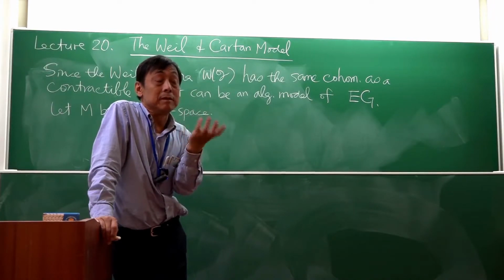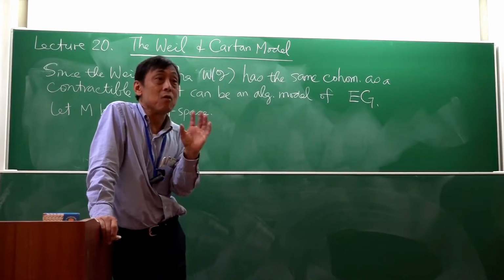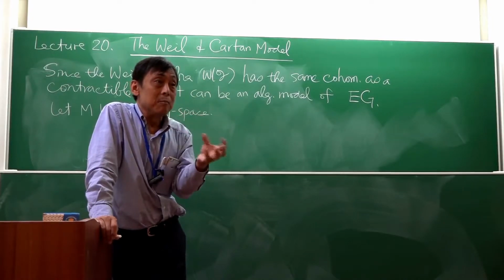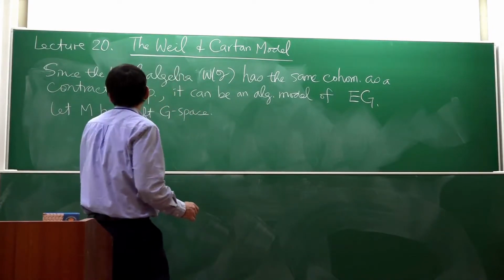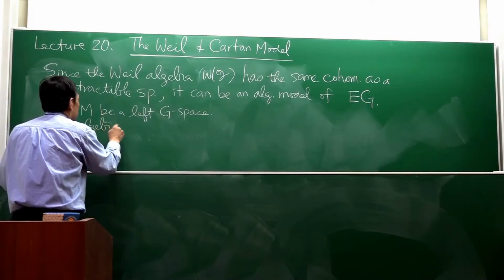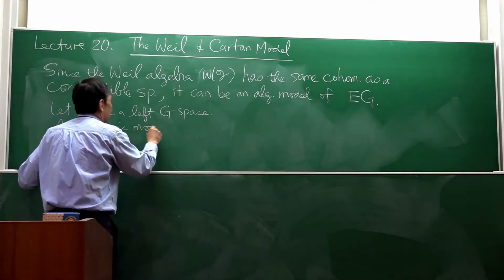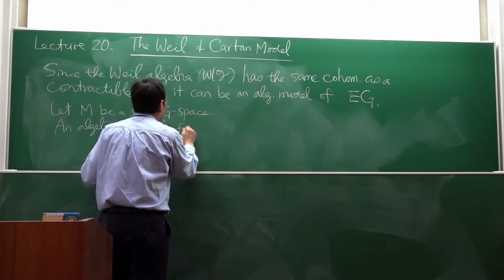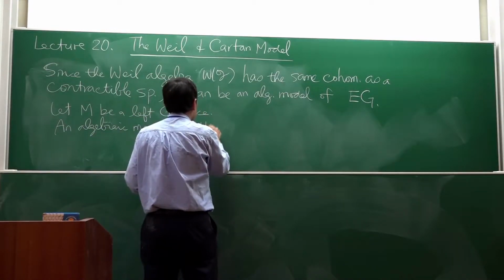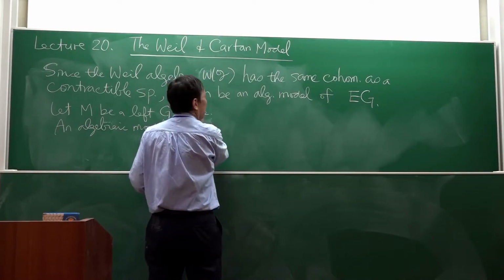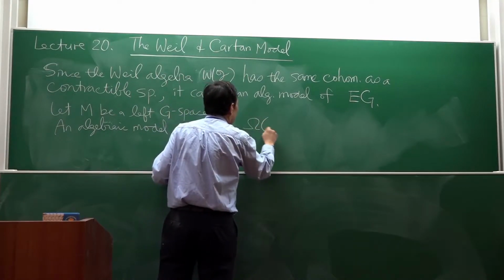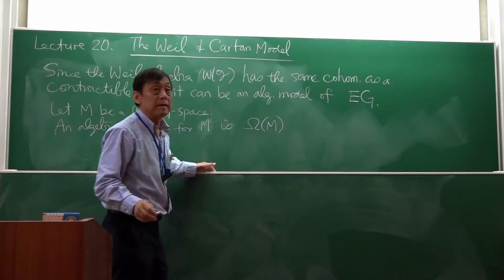The de Rham theorem says that the cohomology of M can be calculated using the complex of differential forms, right? So an algebraic model for the cohomology for M is the de Rham complex.